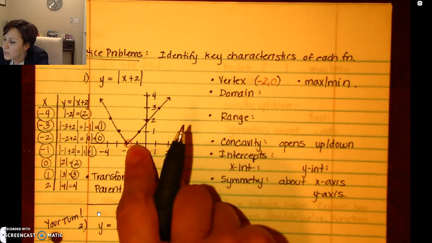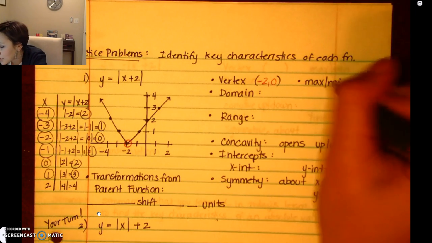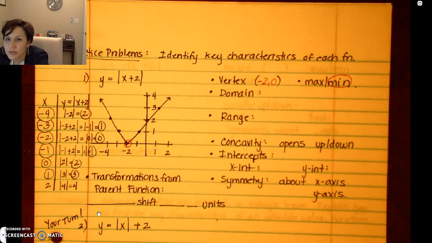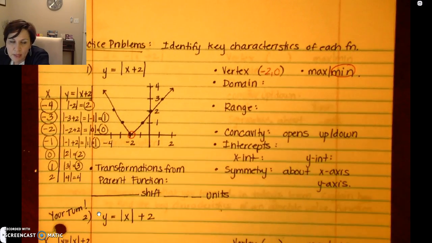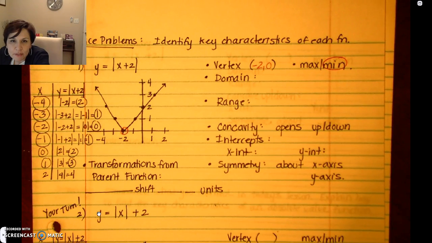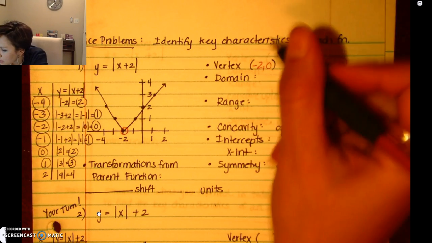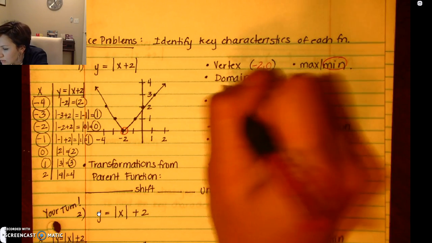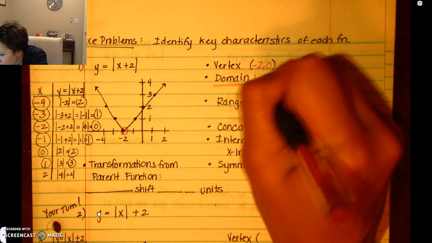Is this a maximum or minimum? Is it the lowest point or the highest point on the graph? It is the lowest point on the graph, so it's a minimum. The domain is always all real numbers.